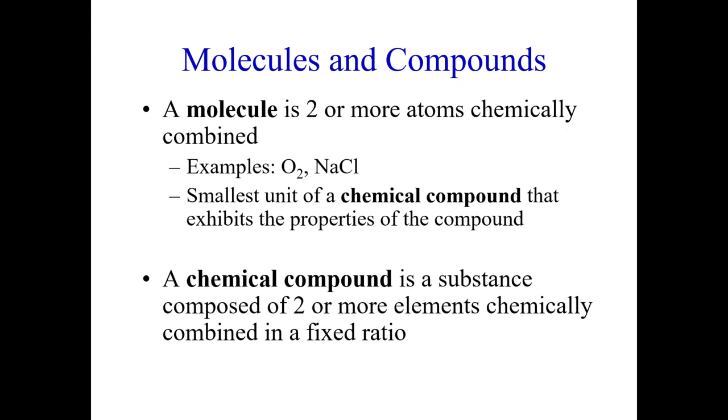Na, sodium, Cl, chloride, sodium chloride. The smallest unit of a chemical compound that exhibits the properties of a compound. That is what a molecule is. And a chemical compound is a substance composed of 2 or more elements chemically combined in a fixed ratio, meaning they always come together in the same way.